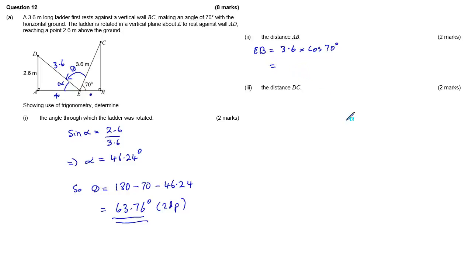So we can work that one out, do that in a second. Now AE, we could use trig or we could use Pythagoras for this one. So let's do the square root of 3.6 squared take away 2.6 squared.